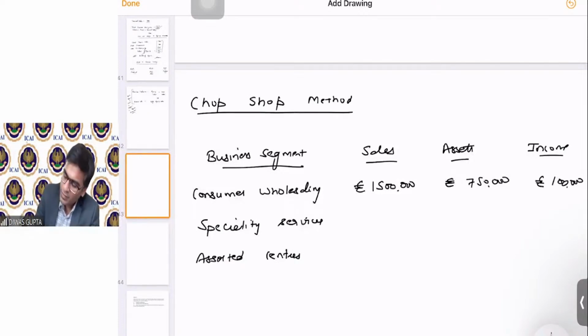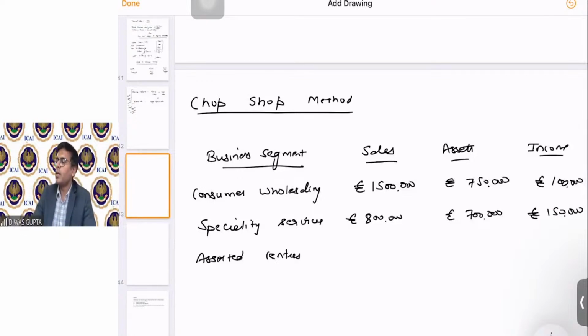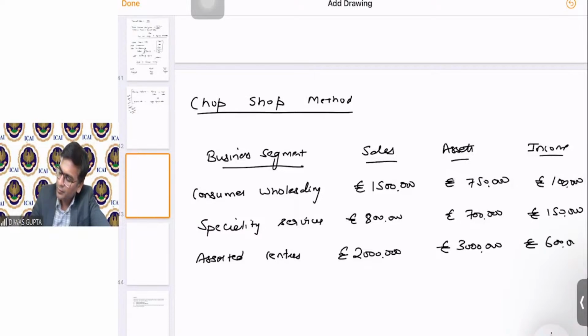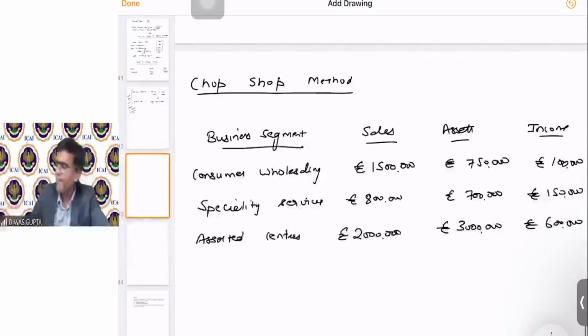Specialty services, it's euro 8 lakh, 7 lakh, 1,50,000. And for assorted centers, the sale, or let's say the revenue, is 2 million euros. 3 million euros is the assets, and 6 lakhs is the income. Okay.